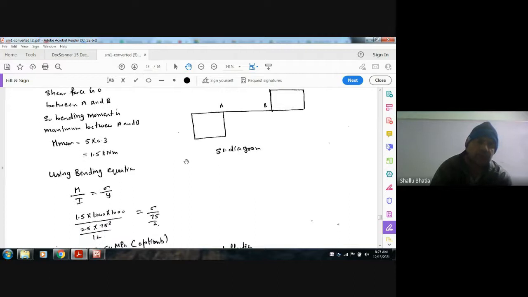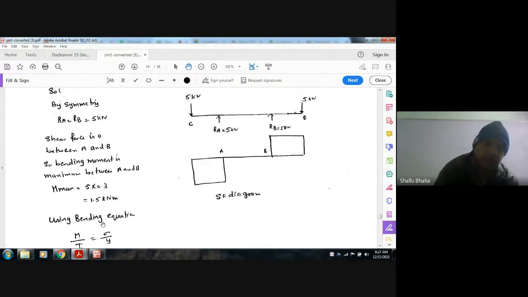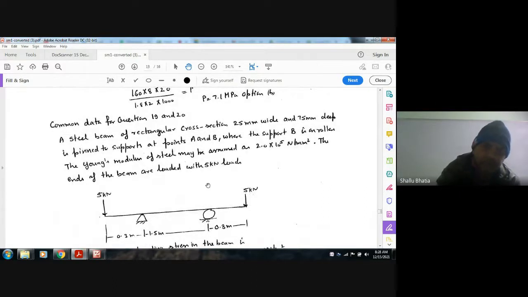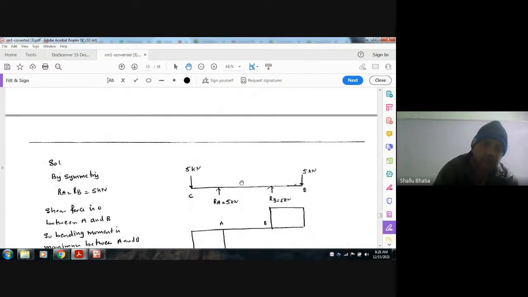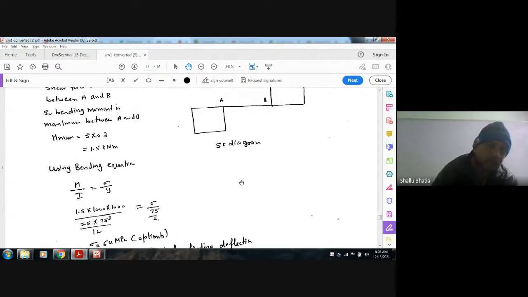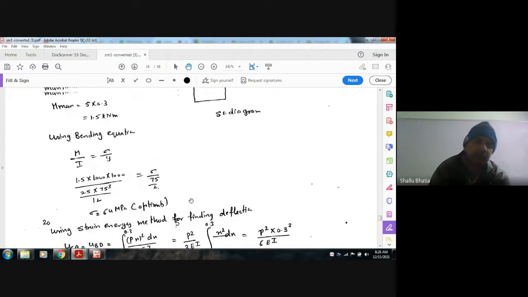Using the bending equation M by I is equal to sigma by y, M is 1.5 into 1000, and I is 25 into 75 cubed by 12, and y is 75 by 2. So sigma is 64 MPa. Option B is the right answer for question number 19.